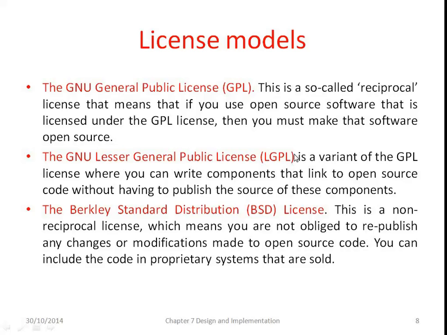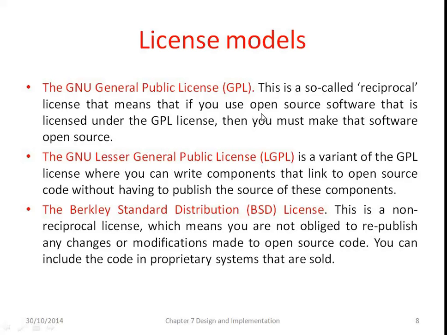So there are three license models: the GNU General Public License, in short GPL; the GNU Lesser General Public License, LGPL; and the Berkeley Standard Distribution License. These are the three models of license.